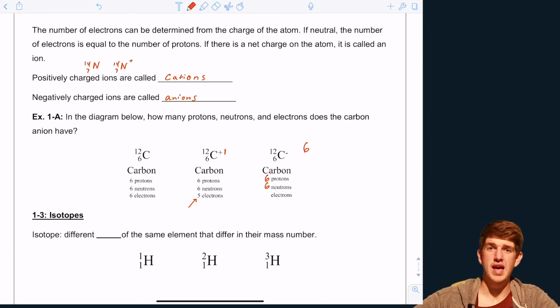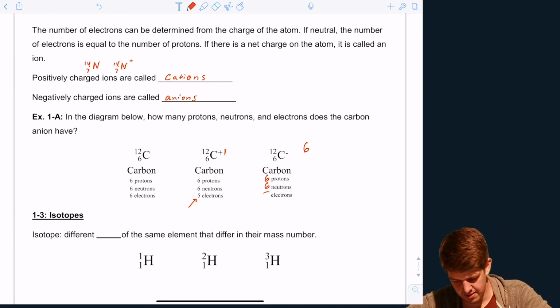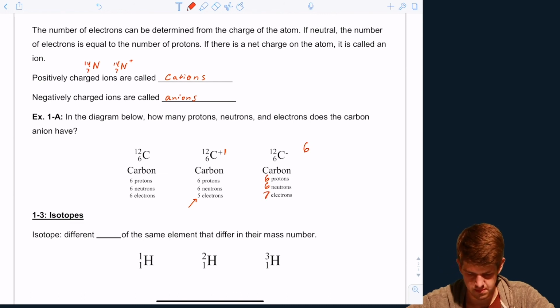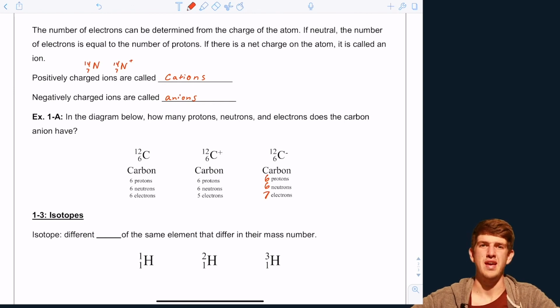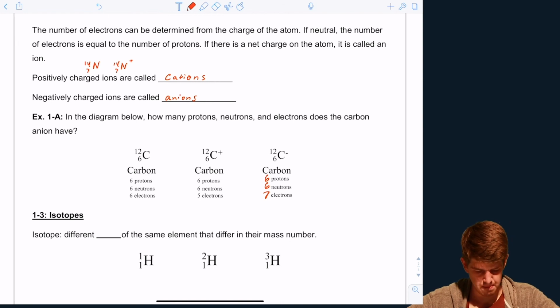I have an overall charge of -1. So with 6 positives, if I'm trying to get to an overall -1, I have 1 negative too many. I have 7 electrons. That's the biggest takeaway: negatively charged molecules have a surplus of negative charges, and positively charged molecules have a lack of electrons.